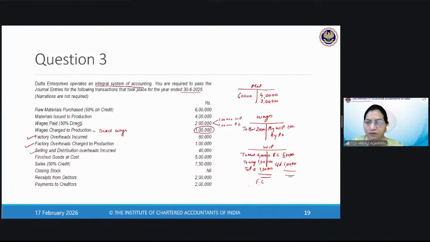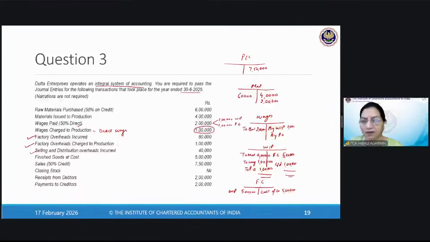Finished goods account, opening balance is 5 lakhs. No closing stock, so cost of sales. So you receive 5 lakh from WIP, which moves to cost of sales completely. Then your sales is 750. And if you prepare a profit and loss account, you will see sales is 7,50,000.